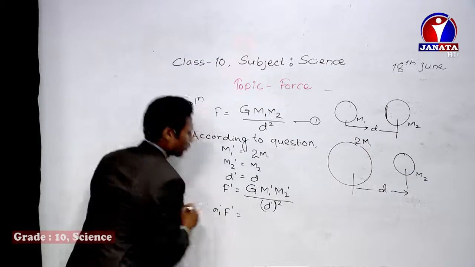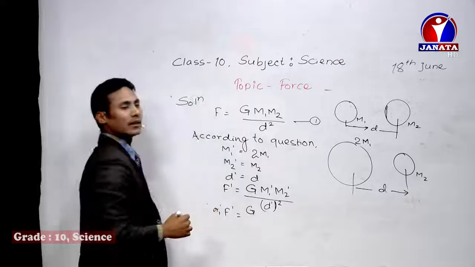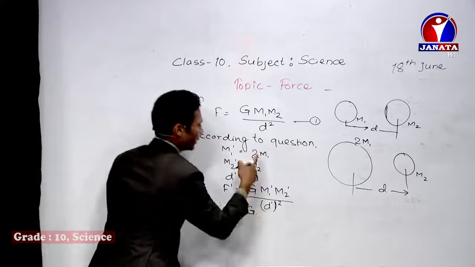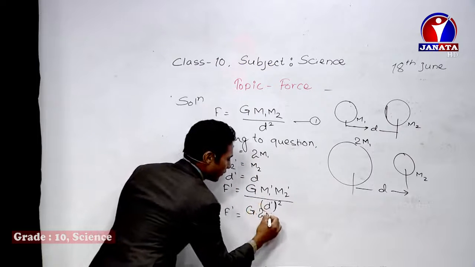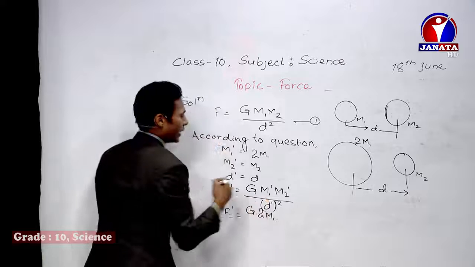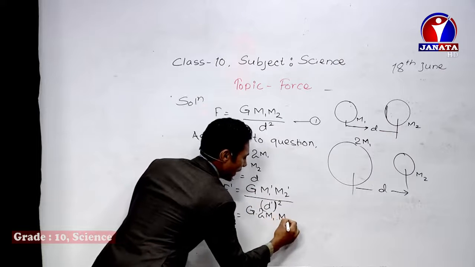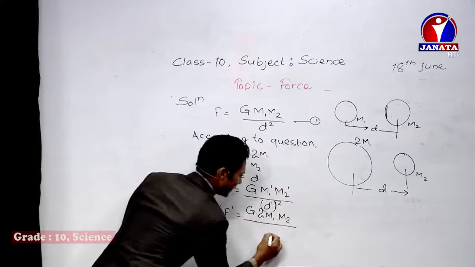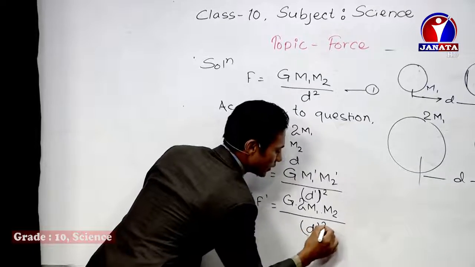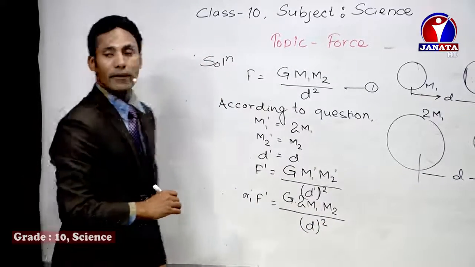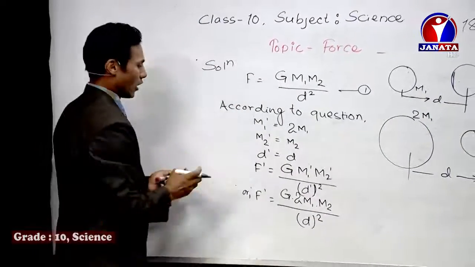F dash equals, G as it is, m1 dash from here, that is twice m1, times m2 dash, which is m2, divided by d to the square. So let me write it down.